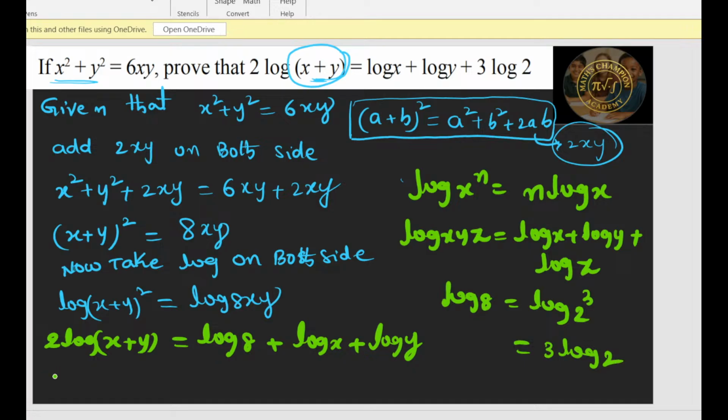Now look at the answer. Our final answer is 2 log (x plus y) is equal to 3 log 2 plus log x plus log y. So hence it is proved.